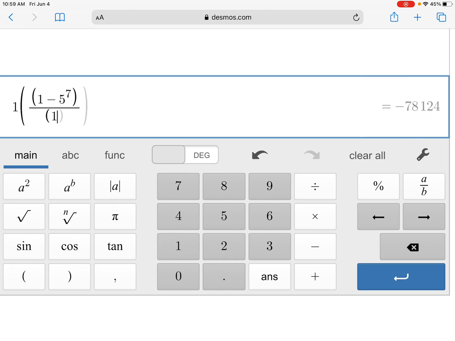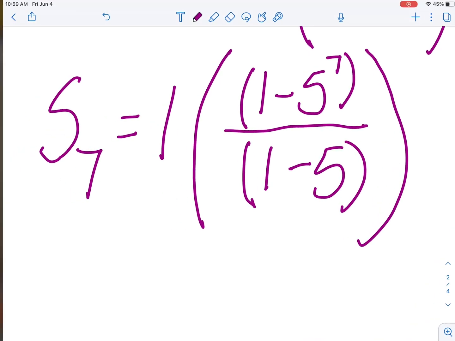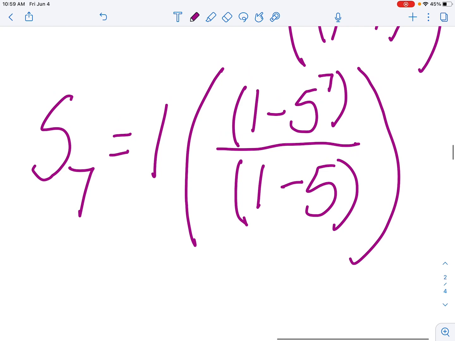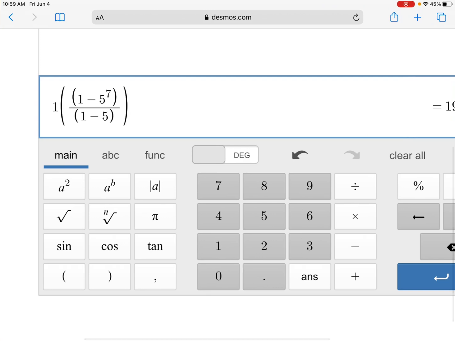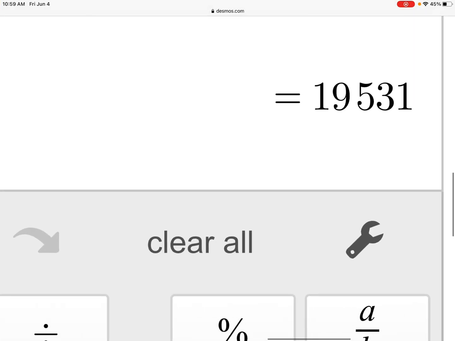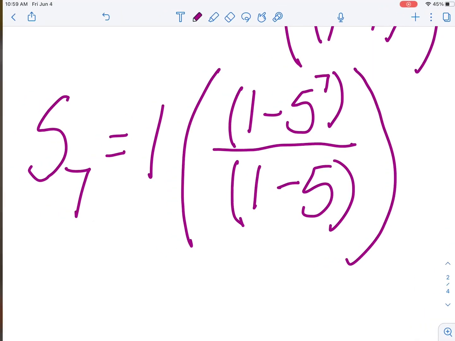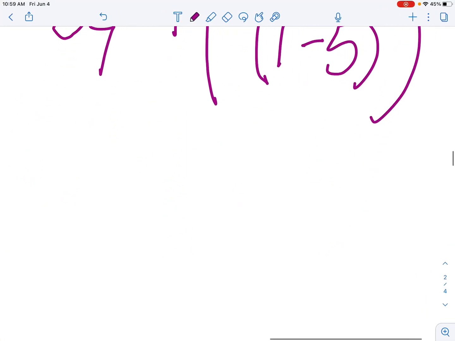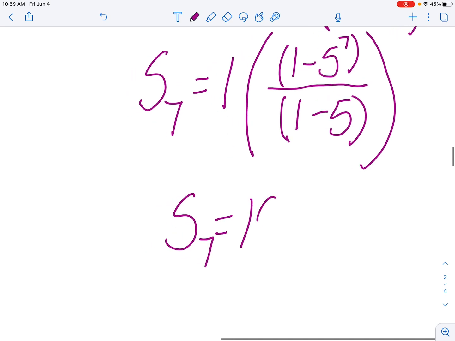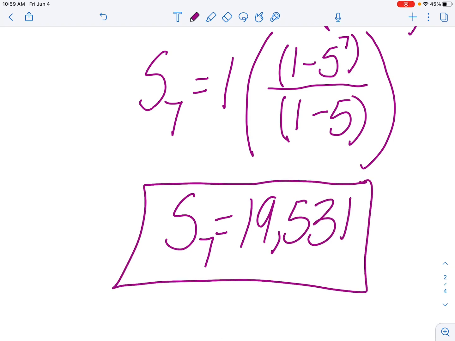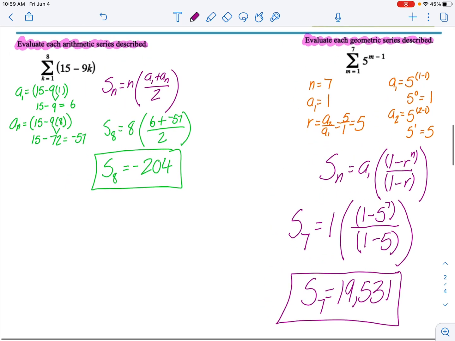Divided by, another parentheses, 1 minus 5, close parentheses, and then big parentheses. Let me make sure. 1, big parentheses, 1 minus 5 to the 7th, divided by 1 minus 5. Yeah, that looks good. We get 19531. So our sum of the first 7 terms is 19531.